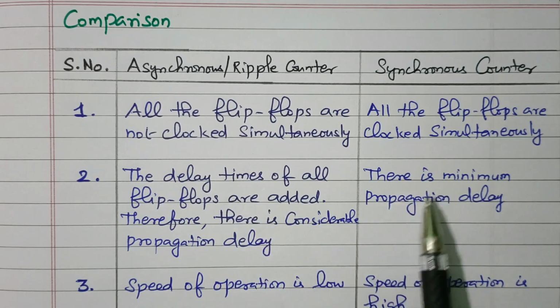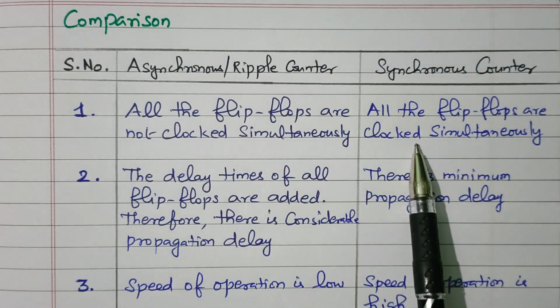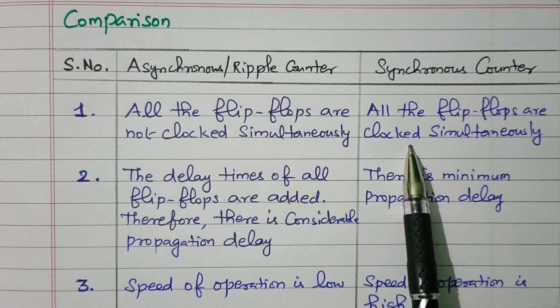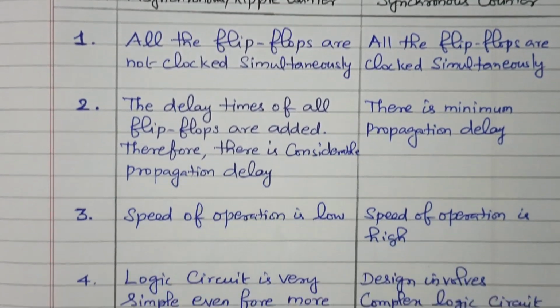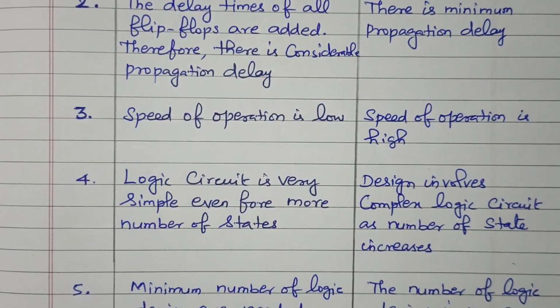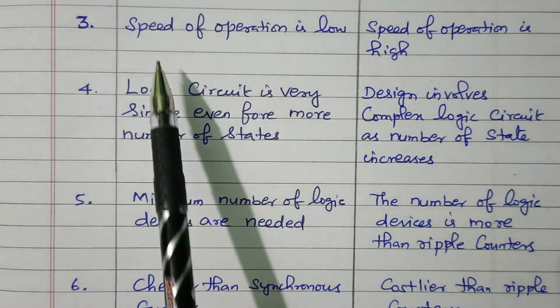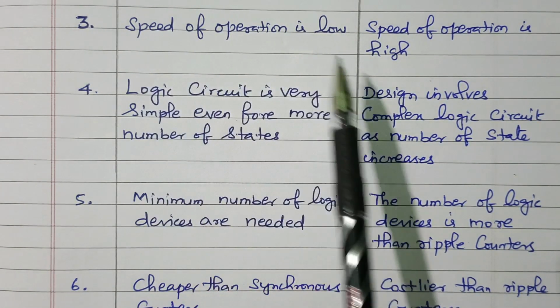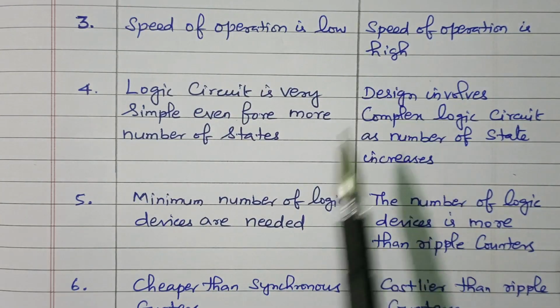But here there is minimum propagation delay because all the flip-flops receive the clock pulse, so they execute the output simultaneously. Considerably, the propagation delay is reduced. Based on that, the speed of operation is low in the asynchronous counter because the propagation delay is more. Here the speed of operation is higher because of simultaneous triggering.